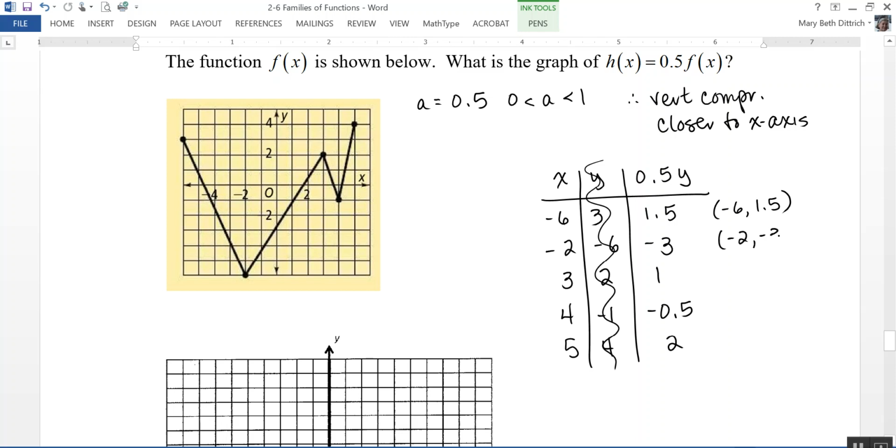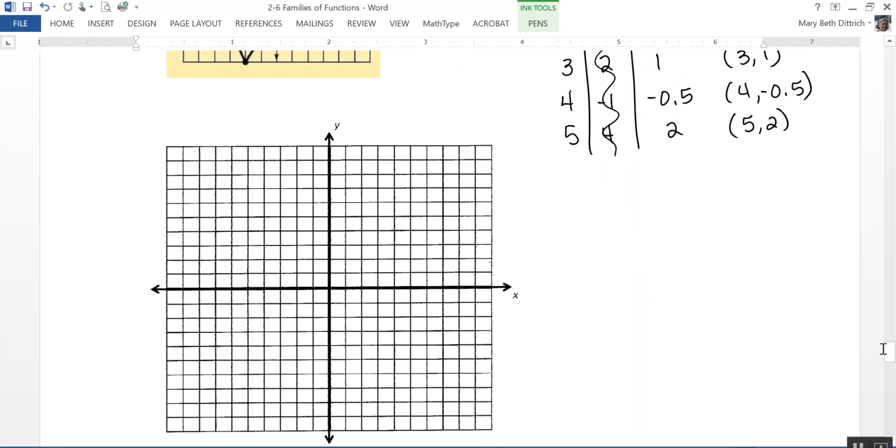Sometimes if you have a table with multiple columns, it's easier to list the ordered pairs. And 5, 2. And I'm going to go ahead and graph those down here. So I have negative 6, 1.5. And then I have negative 2, negative 3.